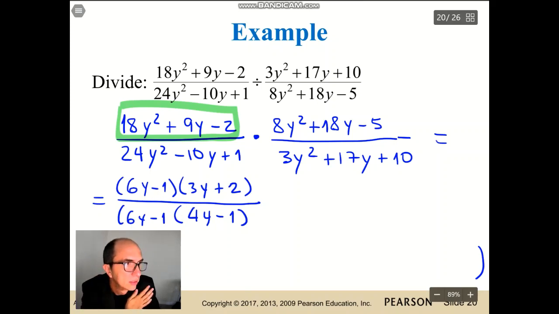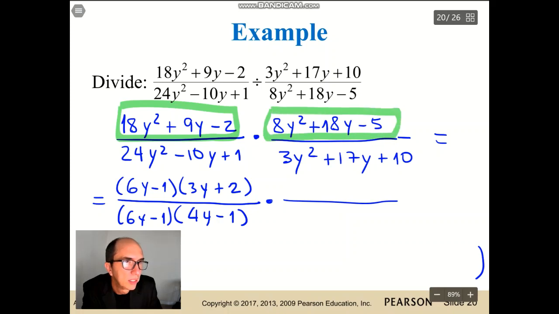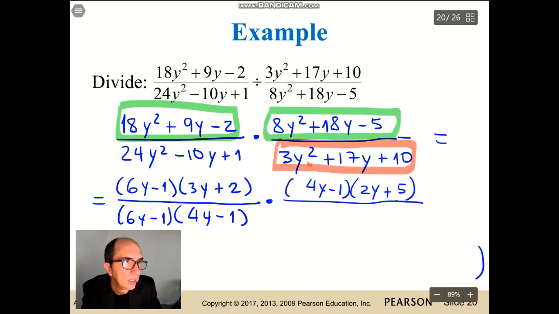Multiplied by, now the equivalent to this numerator is going to be 4y minus 1 times 2y plus 5, and the equivalent to that denominator now is going to be 3y plus 2 times y plus 5.